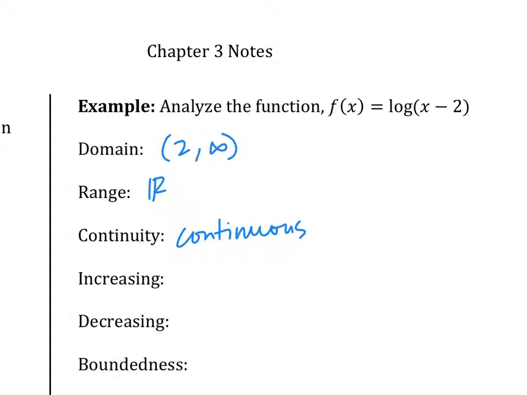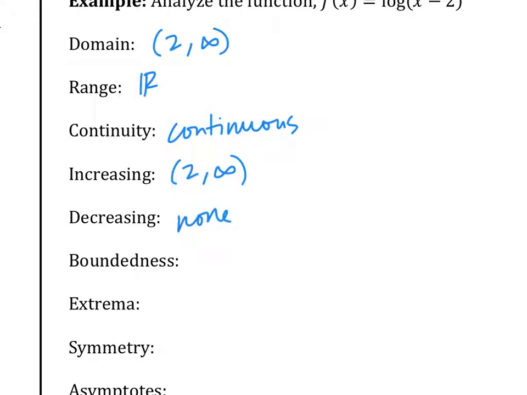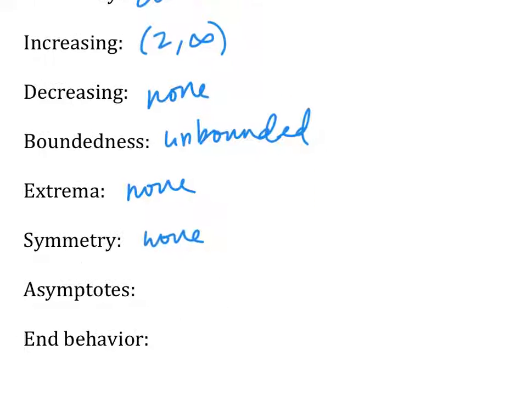Josh, increasing. 2 to infinity? Yes. Evan, decreasing. Sorry, Ashley, boundedness. Unbounded. McKenna, extrema? No. Caleb, symmetry. No.